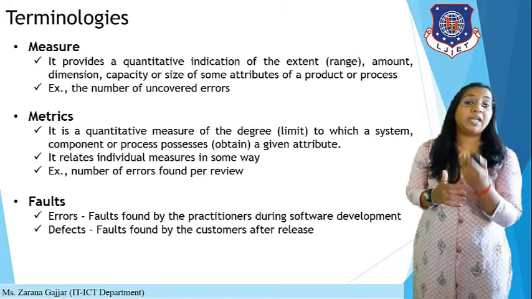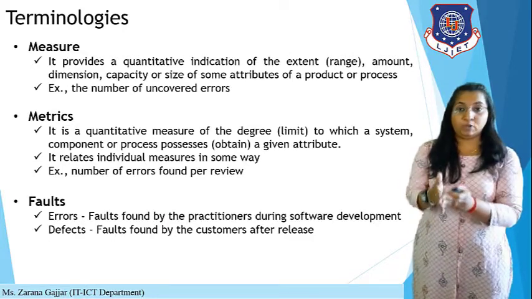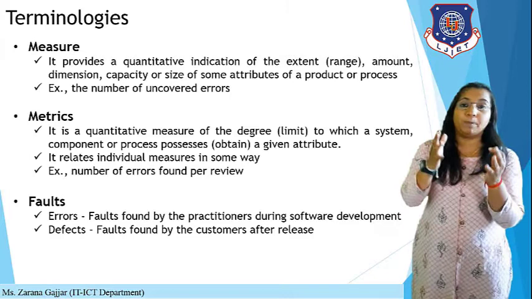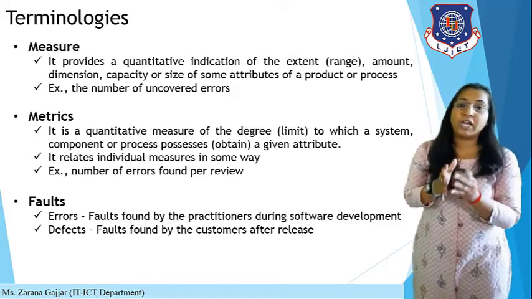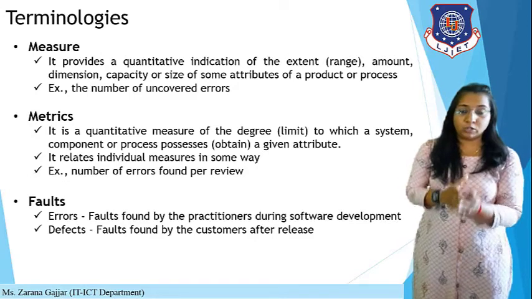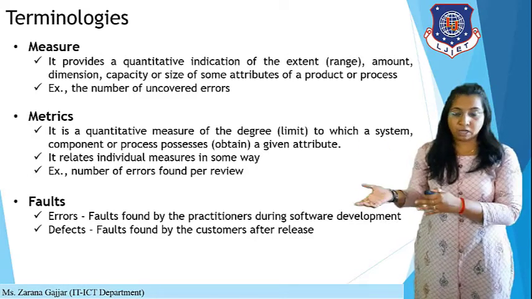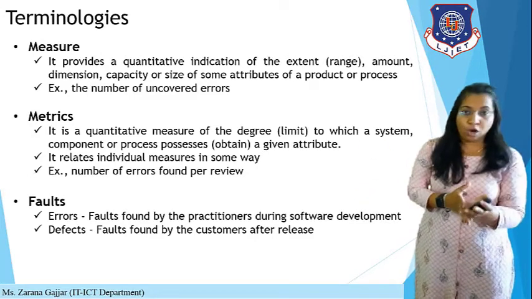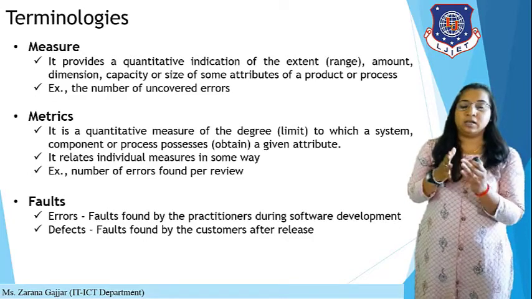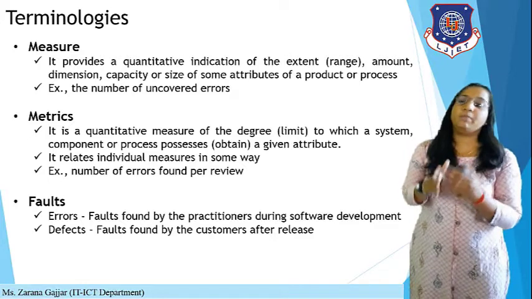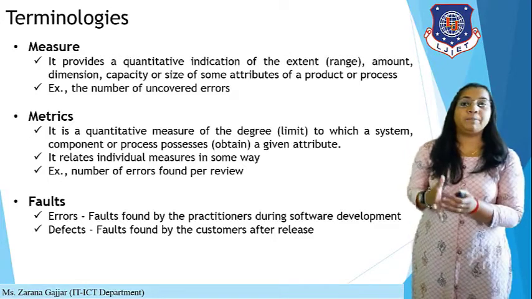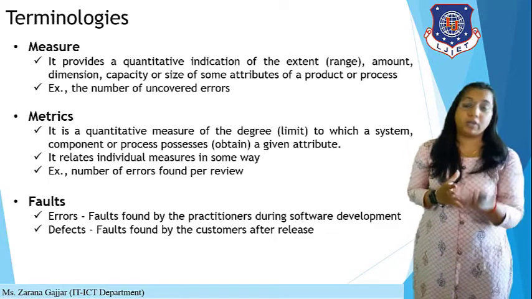It relates individual measures in some way. So a metric is a typical process or component measure for some attribute. For an example, number of errors found per review.